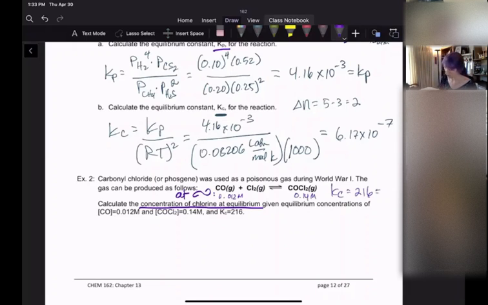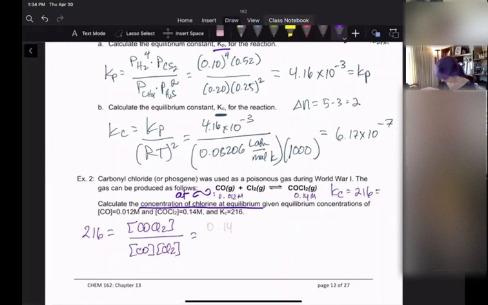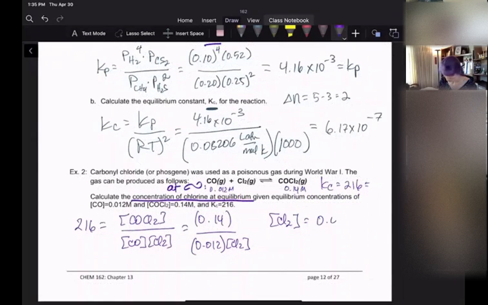So of course I'm going to write my expression, and then I'll plug in these equilibrium concentrations. And it has to be molarity. Probably just 2 sig figs based on the other ones.